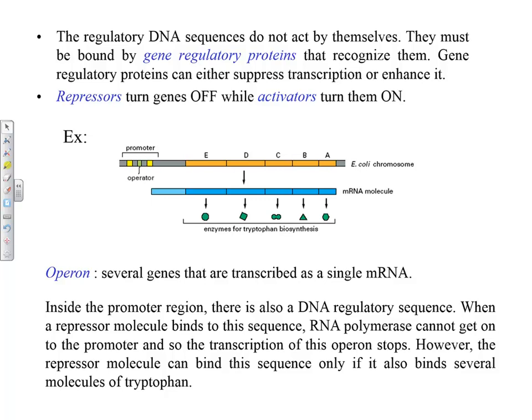Now this is a good example of how a bacterium can turn genes on and off in response to its needs. This is called a tryptophan operon. Tryptophan is one of the 20 amino acids that the bacterium needs, present in nature.